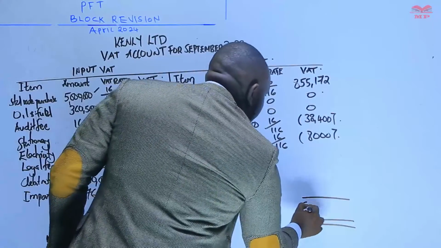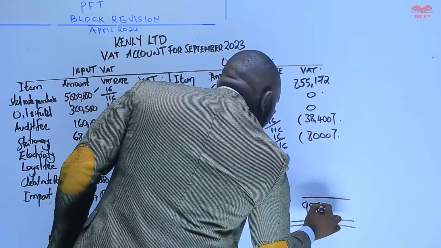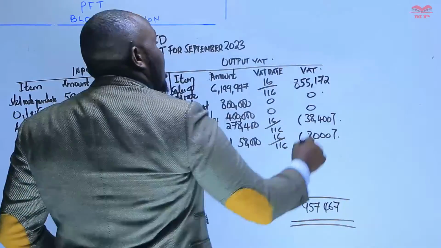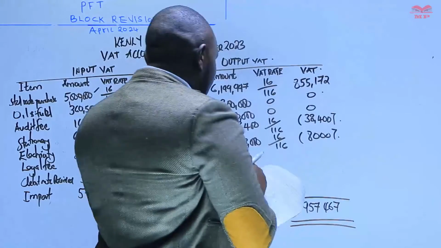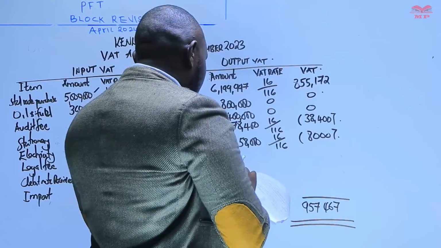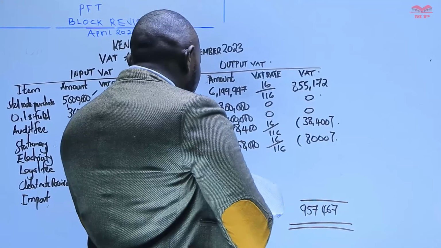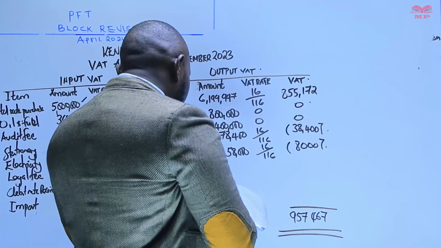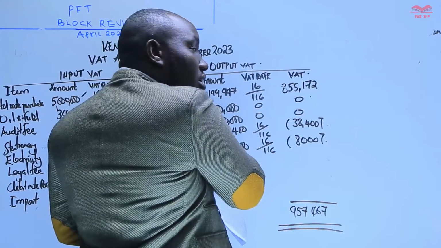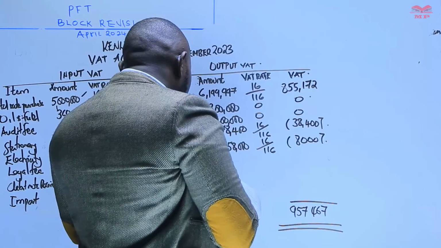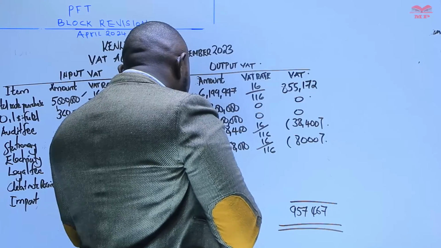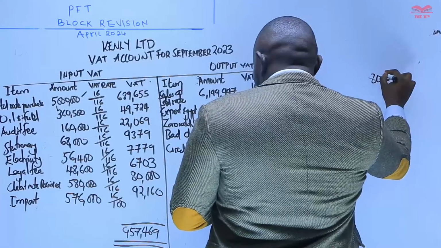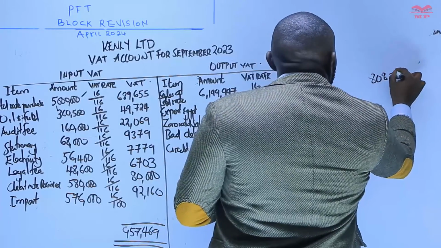So we have 957,467. What is the output alone? We can just have that figure for the output alone in order to know. So that was 855,172 minus 38,400 minus 8,000. So that should be about 808,772.